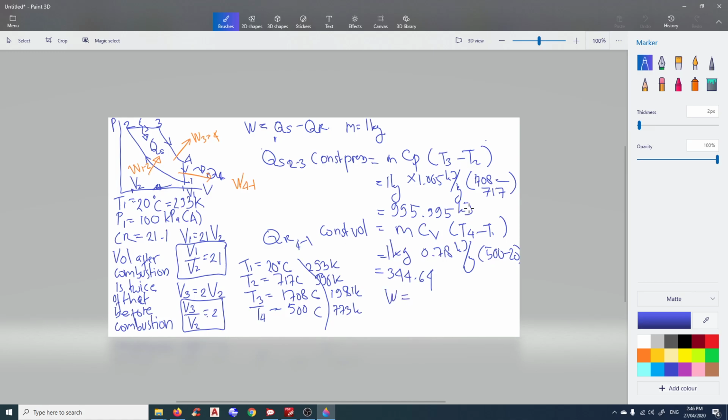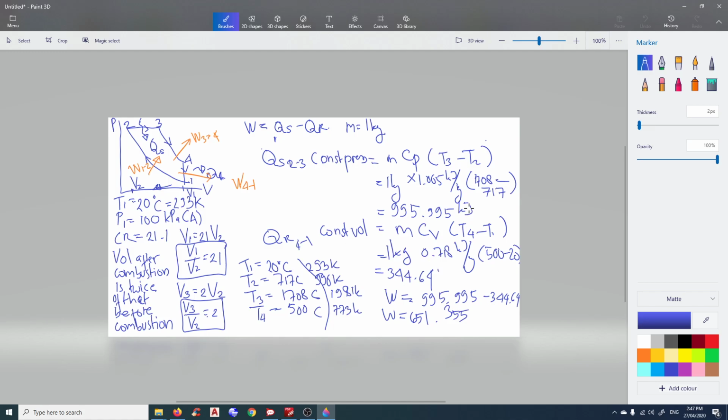Anyway, so back to this. So work equals Q supply, 995.995, minus Q reject, 344.64. So we have 651.355.